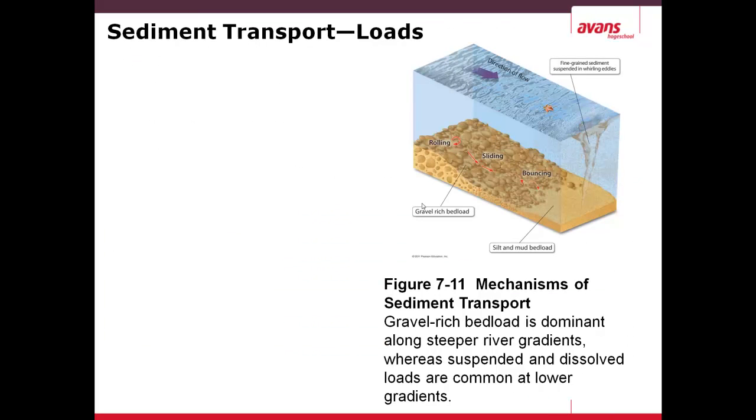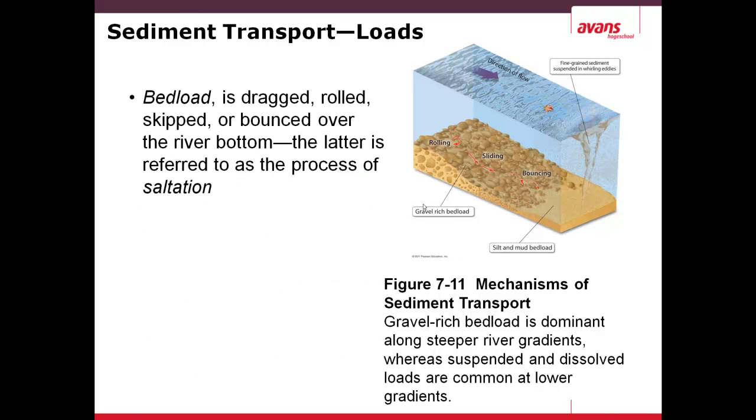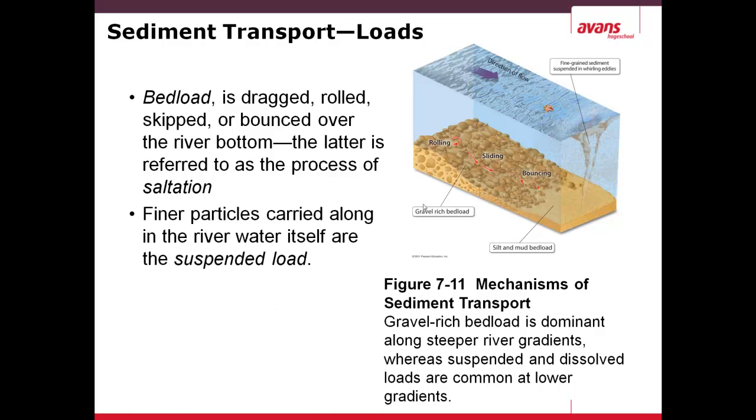Sediment within a river, there are approximately three different types. The first one is bed load, which is the larger and heavier rocks within a river. These are dragged, rolled, or skipped along the river bottom, and that's called saltation. Finer particles suspended in the water, in the river itself, are called suspended load.